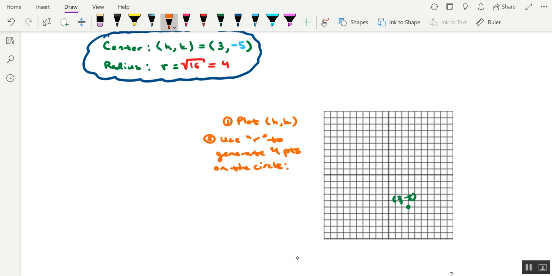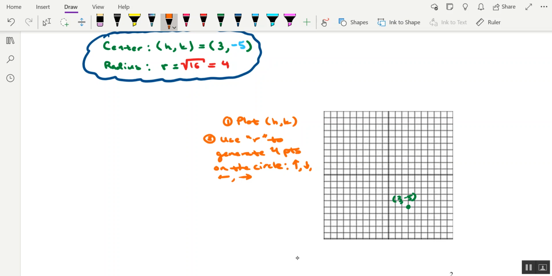Now the points that I go after are the points that are r units above the center, r units below, r units to the left, and r units to the right. You see, the center is not actually on the circle itself, but it obviously helps establish it. But you need to use it in conjunction with the radius.